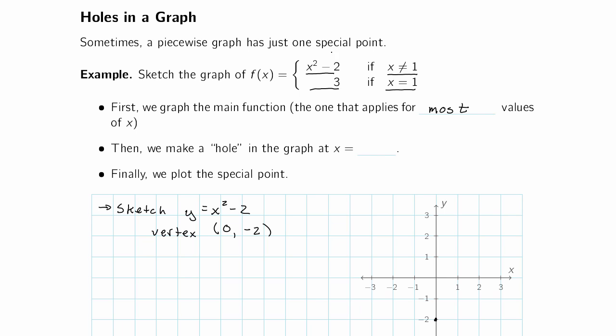And then if x is 1, then y is 1 squared minus 2, which is negative 1. So our parabola will go through this point. If x is negative 1, y is negative 1 squared minus 2, which is also negative 1.